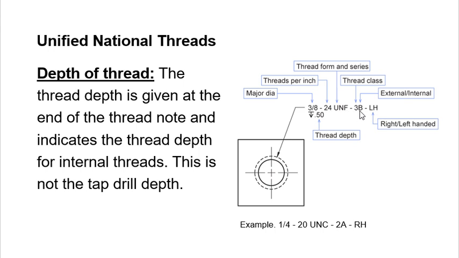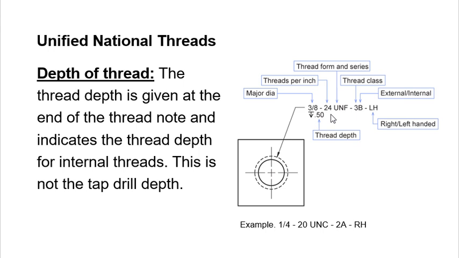Thread class, you have 3 distinct. And then right here external and internal, and then this is your right and left hand. You can remember from here to here very easily.